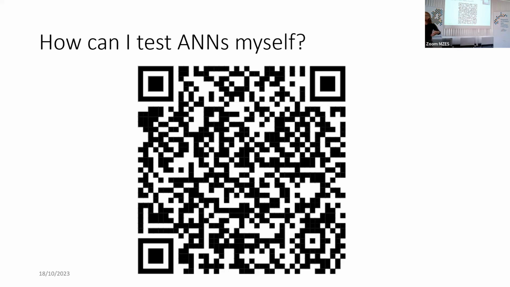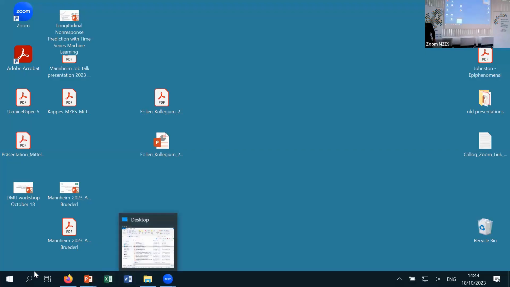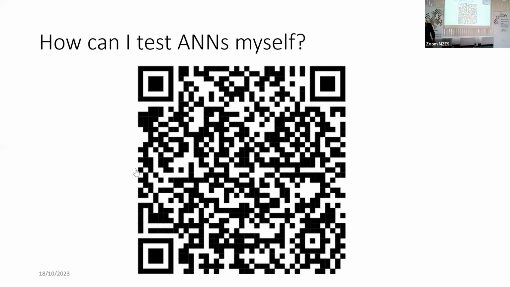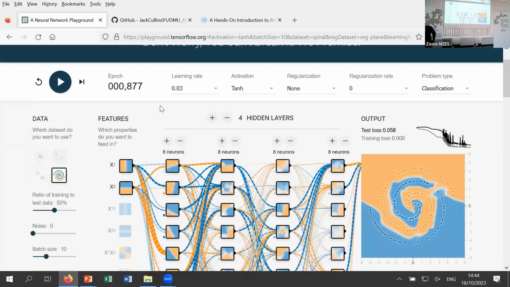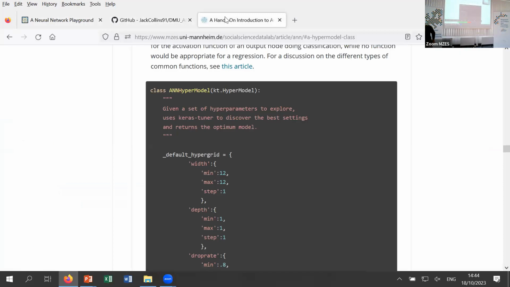The article steps it through, and we also have a public GitHub repository. In that GitHub repository is a Jupyter notebook, and in that notebook is an example class. So let's go to it now.